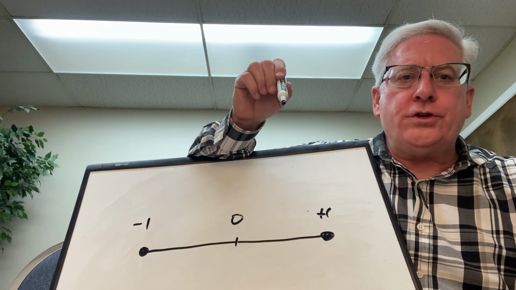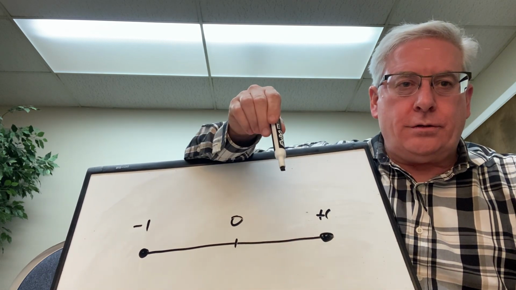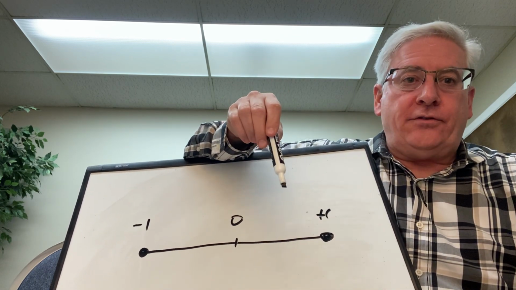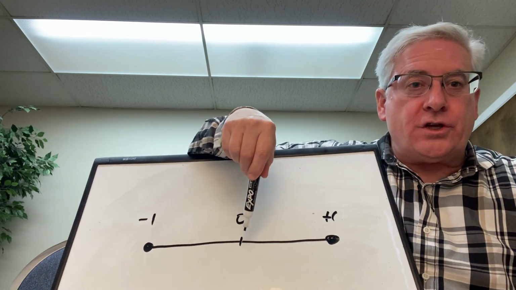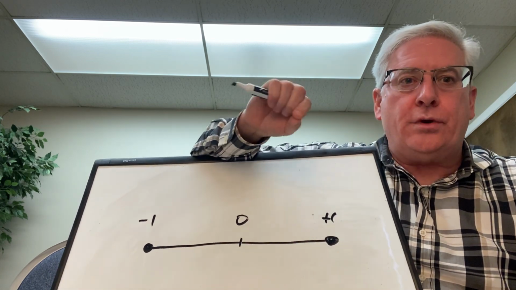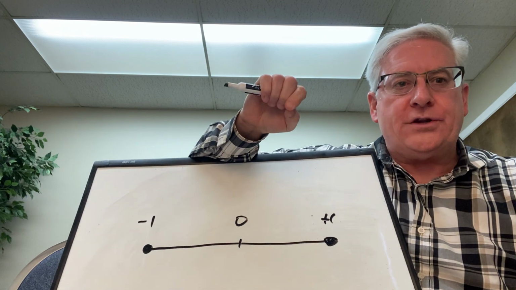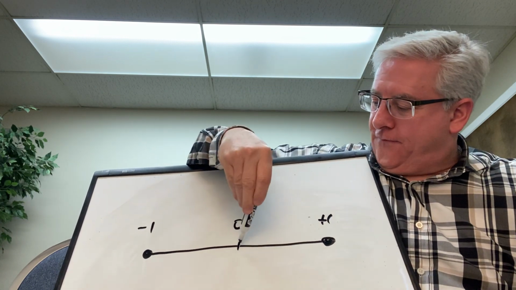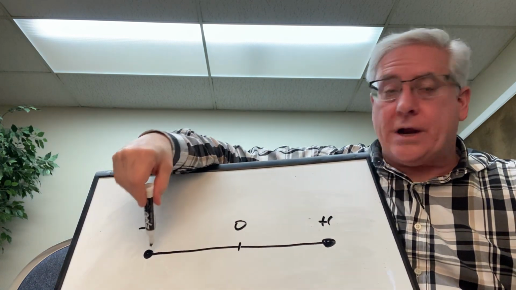For a correlation to be a strong correlation, it means that your correlation coefficient, or the number you get from your formula from the correlation, is far away from 0 in either direction.